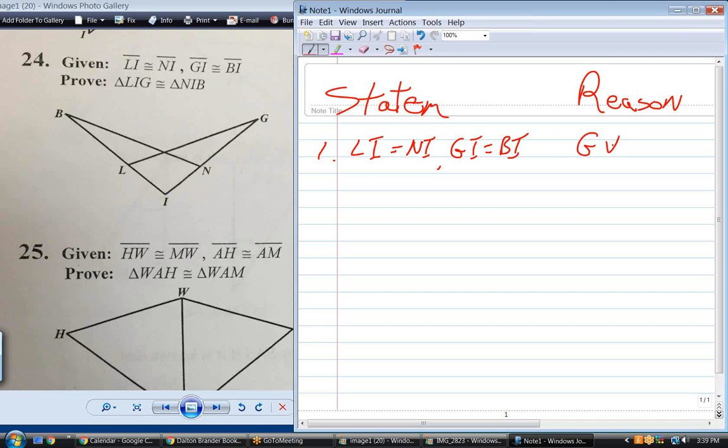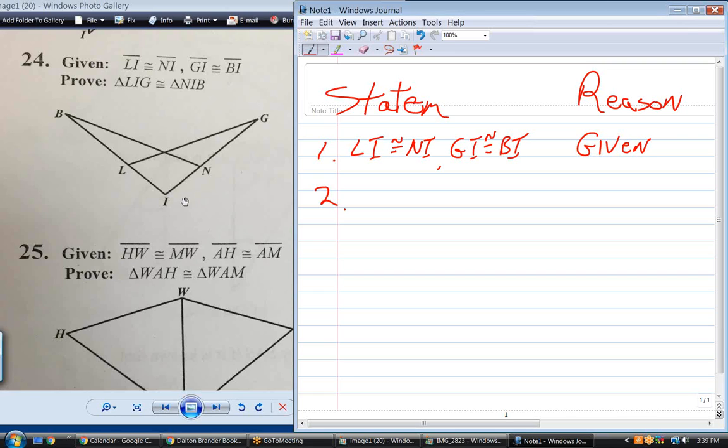Okay. Second one. Should make these congruent. Not quite the same as equal. Okay.